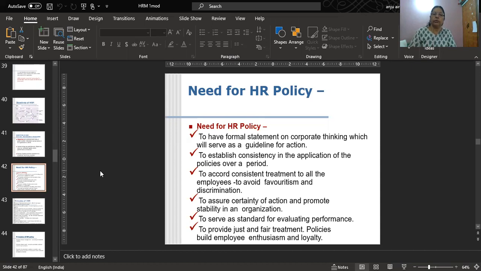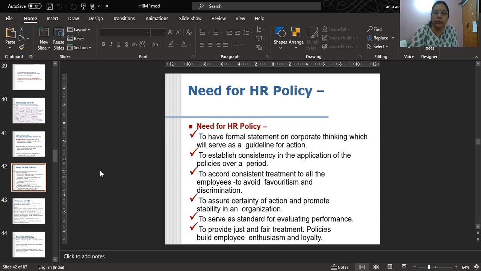And the employees also will follow the guidelines of the HR policy, and they will try to achieve the goals of the organization. They will perform well, and their performance can be evaluated against this HR policy, whether they are progressing well, whether they have achieved the standards mentioned in the HR policy.